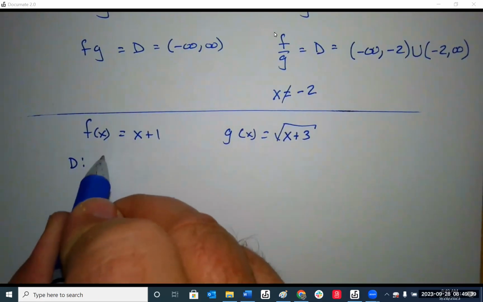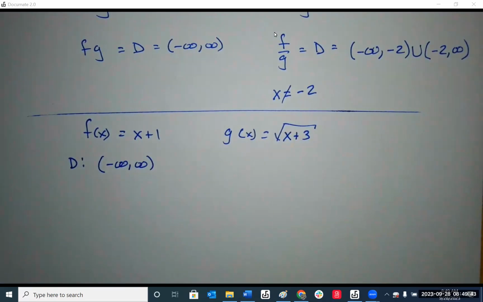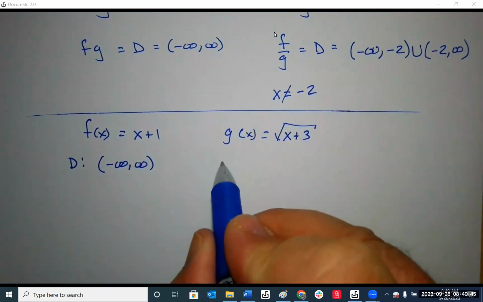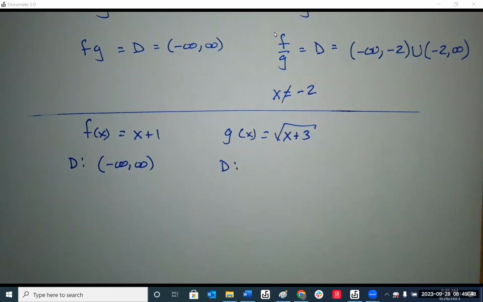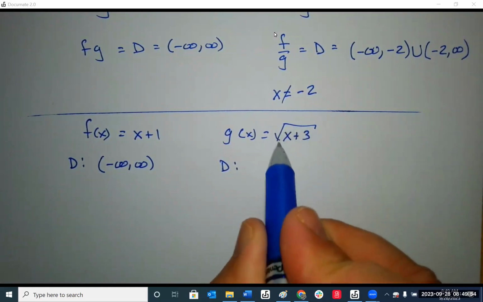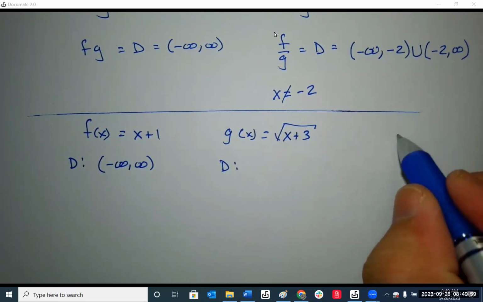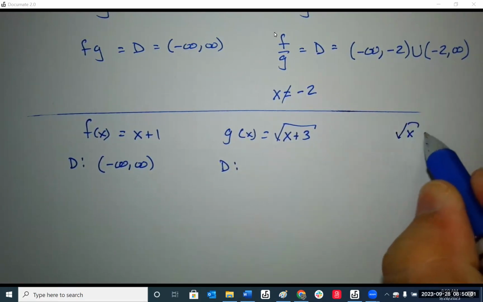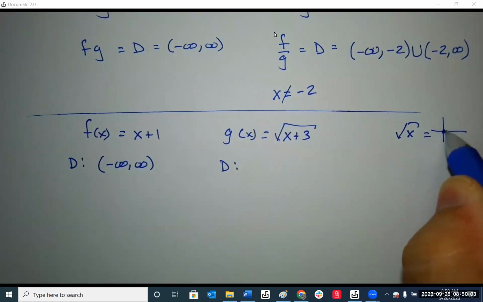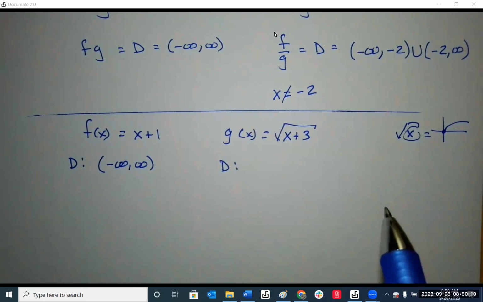Yeah, because it's linear, it's negative infinity to positive infinity. Now, how about the second one? What's the smallest number you could have inside here? Remember, the graph we looked at originally looked like this. The smallest number you can have inside there is 0.